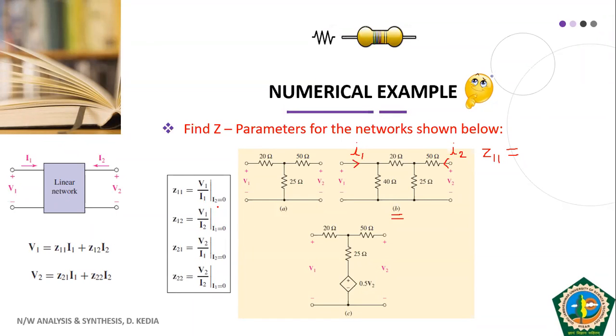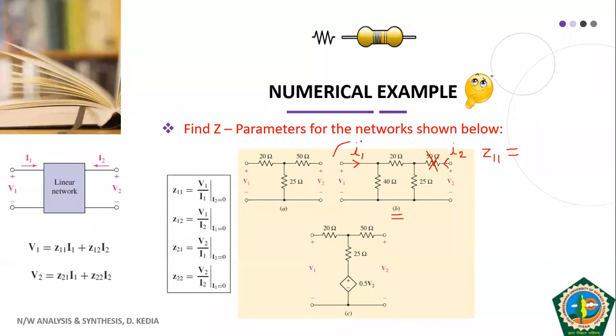So now we have to make I2 equal to 0. I2 0 means there will be no drop across 50 ohm resistance. This circuit is open from the output port side. So that's why 50 ohm is no longer in the circuit.